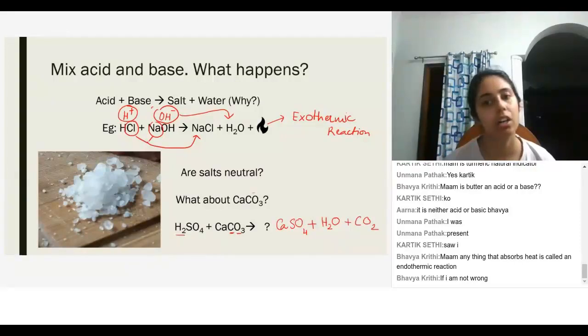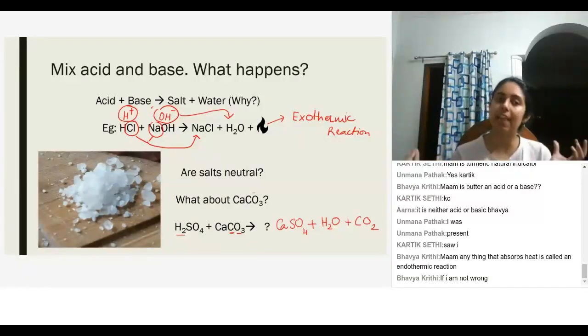No, not true. So the thing is, how should I say this? When a strong acid and a weak base combine with each other to form a salt, then that salt is going to be acidic in nature. If I have a strong base and a weak acid and they combine to form a salt, then that salt is going to be basic in nature.